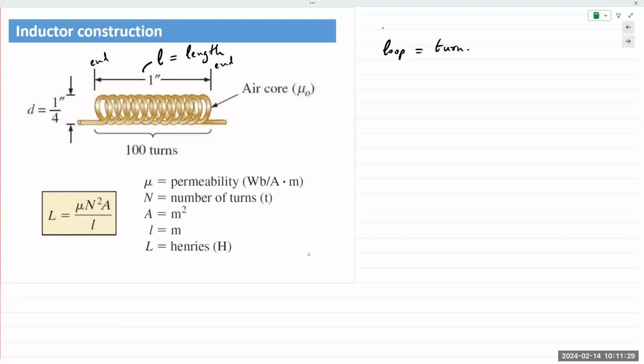N is the number of turns, as I said. Each loop is one turn. Now here it lists the number of turns as 100. It's not 100 turns in here, of course. In this figure, I can see exactly 1, 2, 3, 4, 5, 6, 7, 8, 9, 10, 11, 12 turns. So it's not 100, but I can see 12 turns.